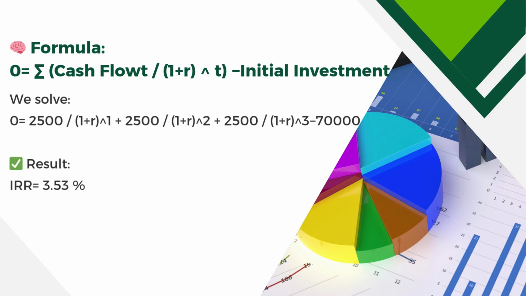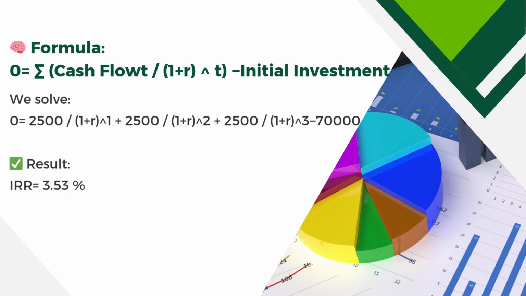That's what IRR tells you. We solve 0 equals 2,500 divided by (1 plus R) to the 1, plus 2,500 divided by (1 plus R) to the 2, plus 2,500 divided by (1 plus R) to the 3, minus 7,000.